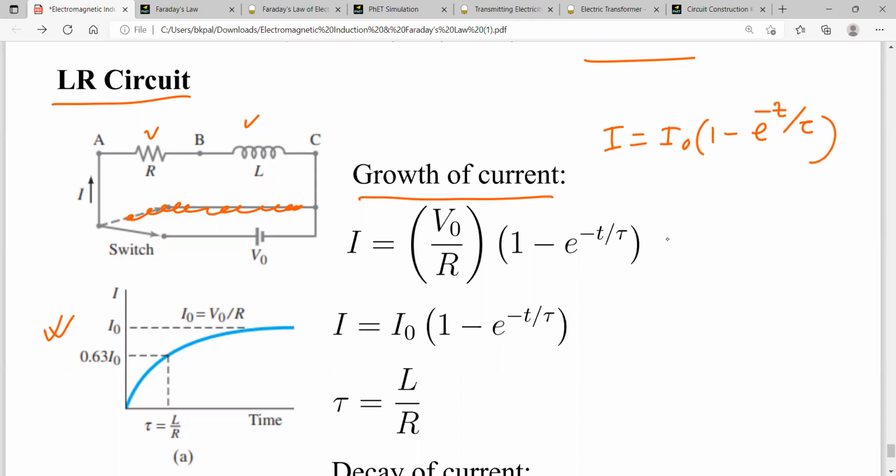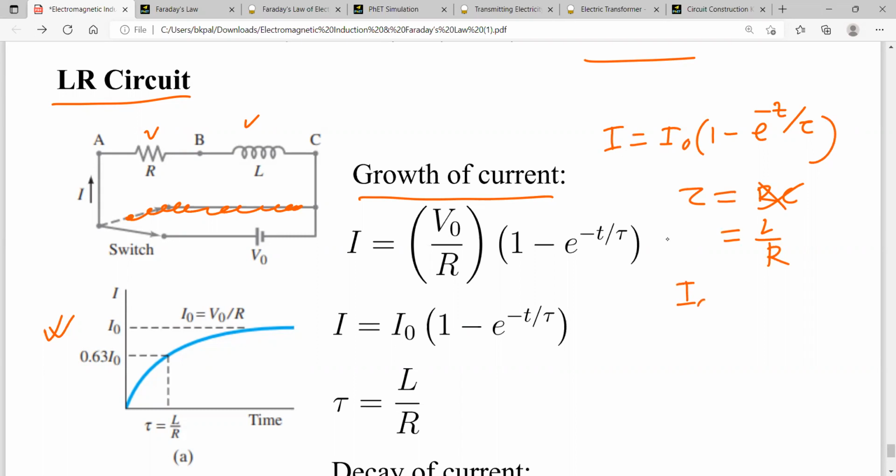Here tau is the time constant, and this time constant is not equal to RC because here we don't have C. Do not confuse RC of the RC circuit and L over R in an LR circuit. So this is the time constant, and I0 is the maximum current.